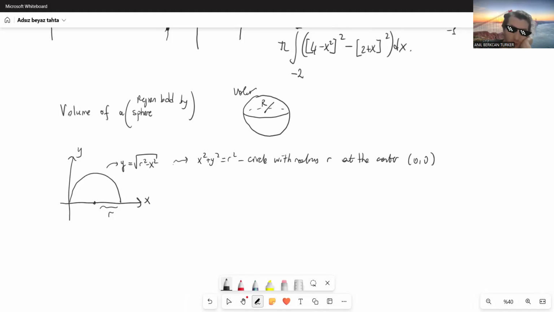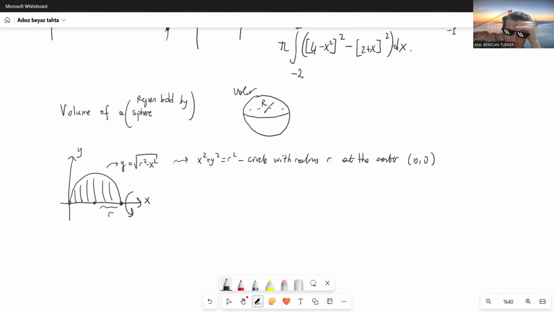Now, what I need is to determine this region. Then when I rotate it, I would have the volume of a sphere.